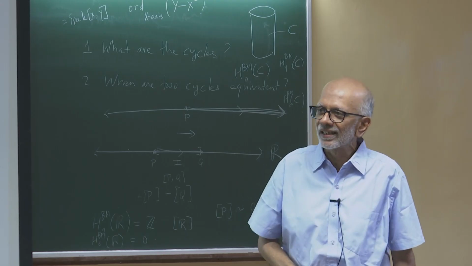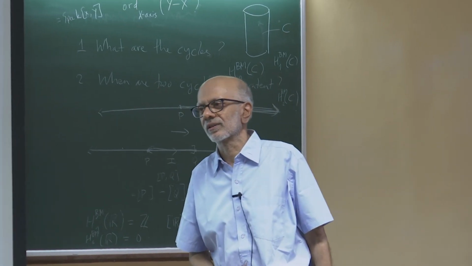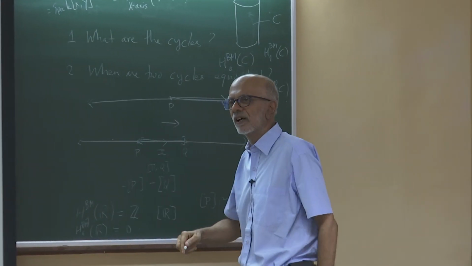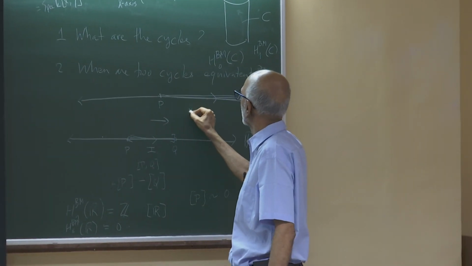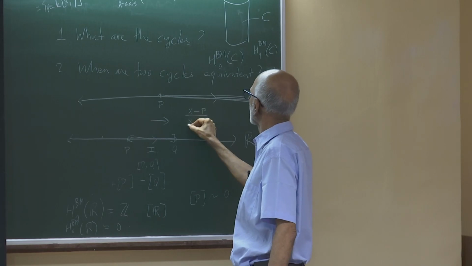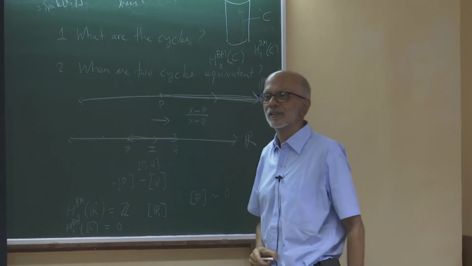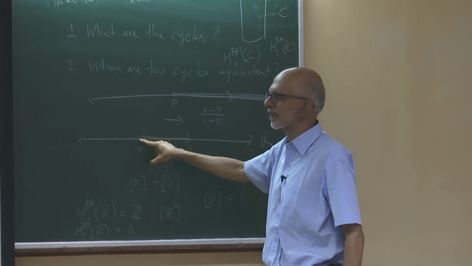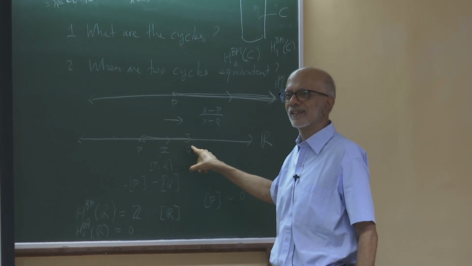And the idea for that comes from so-called rational functions. So another way of saying that this point is equivalent to this point would have been to consider the function x minus p upon x minus q. This is a meromorphic function. It has a 0 here and a pole there.